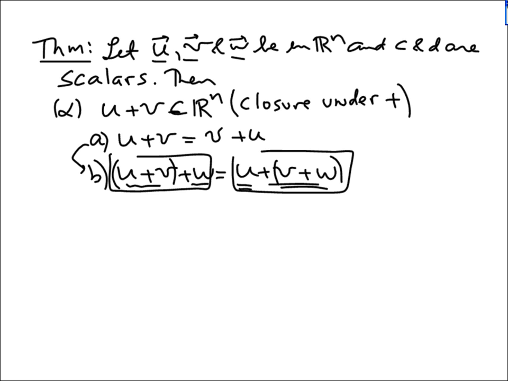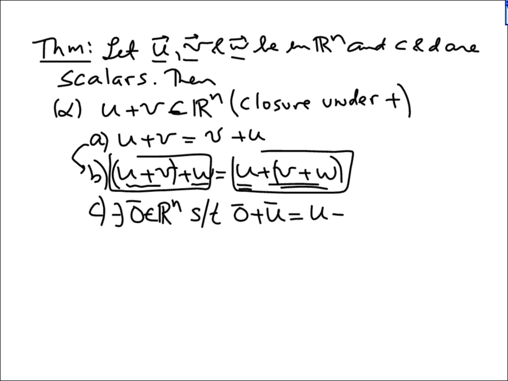Letter C talks about the zero vector. There exists a zero vector in Rn such that the zero vector plus the vector u, which according to letter A is the same as vector u plus the zero vector, gives you back u.